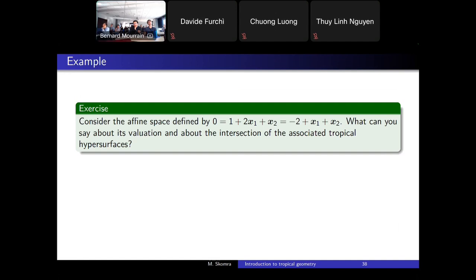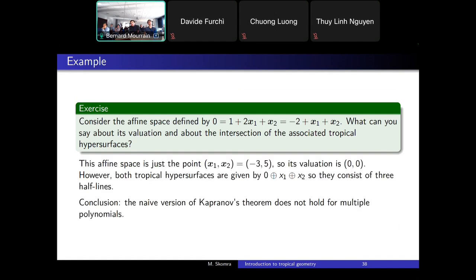Okay, so now this is a very simple affine space. So what is this? It's a single point, right? So this is a single point, and this point is minus 3, 5. So what is the valuation? Well, it's 0, 0. That's a series of valuations 0, 0.